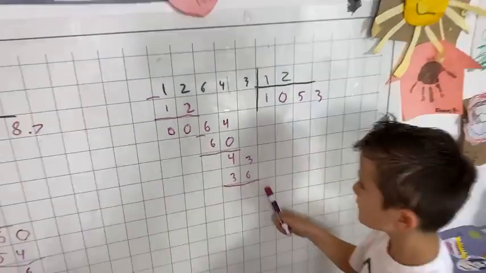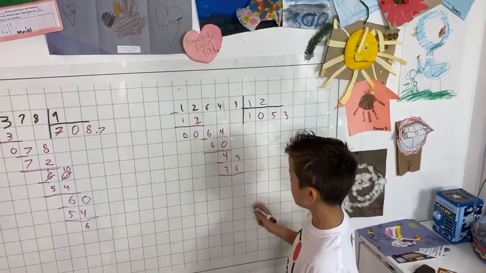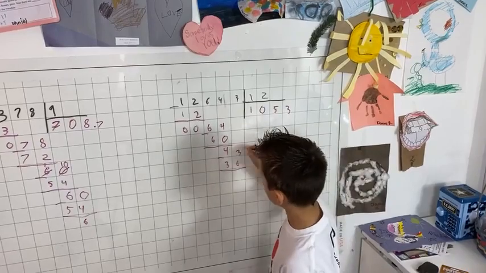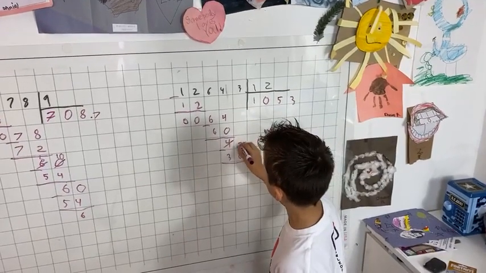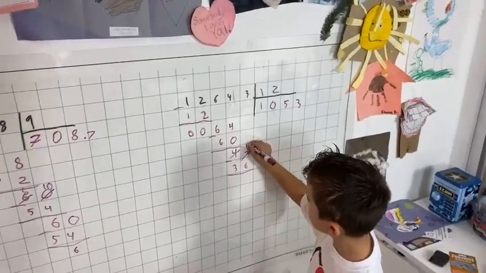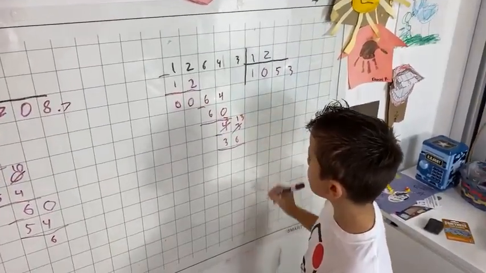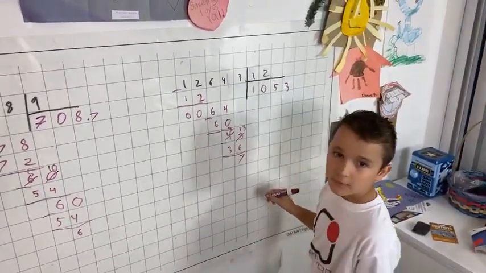Okay, now 43 minus 36, we're going to cross this off, make this a 13 and this is 3, and then 13 minus 6 is 7.